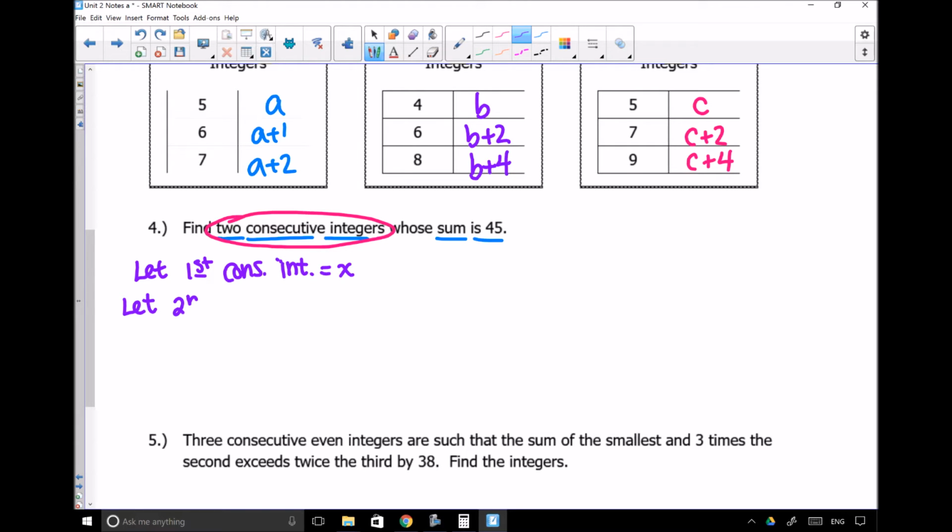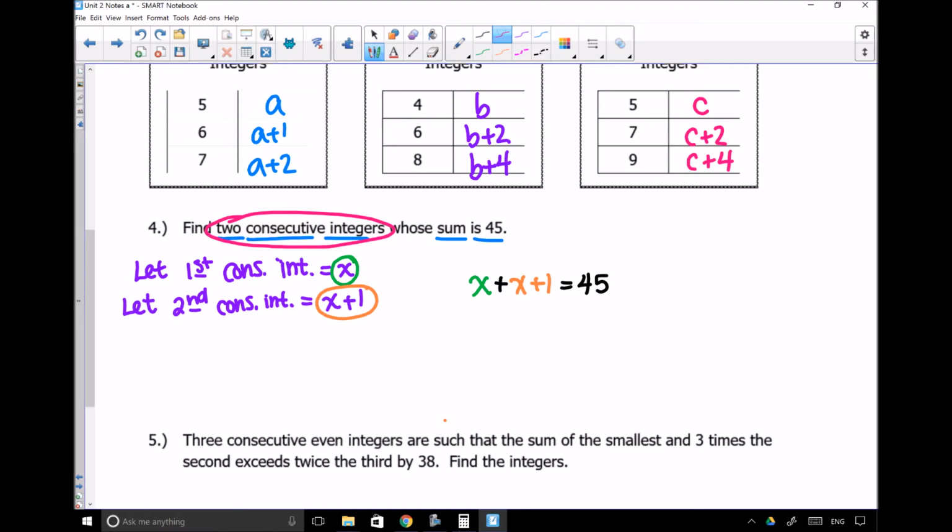Then the second consecutive integer is just going to be x plus 1. And it says that they have to have a sum of 45. So if my first one is x and my second one is x plus 1, I want to add them together and it should equal 45.